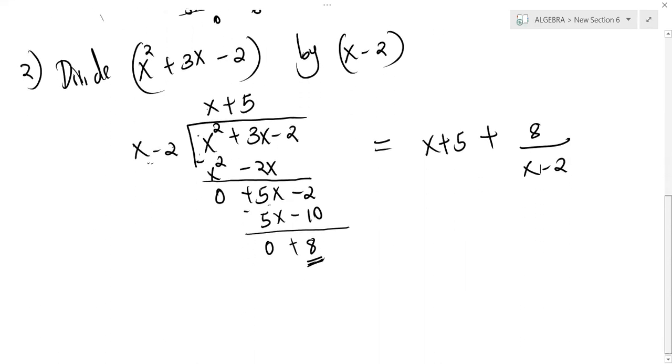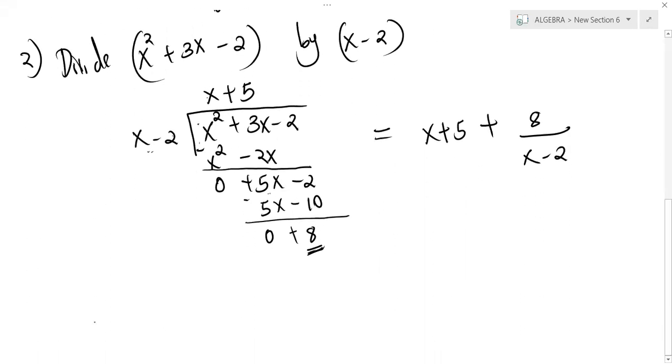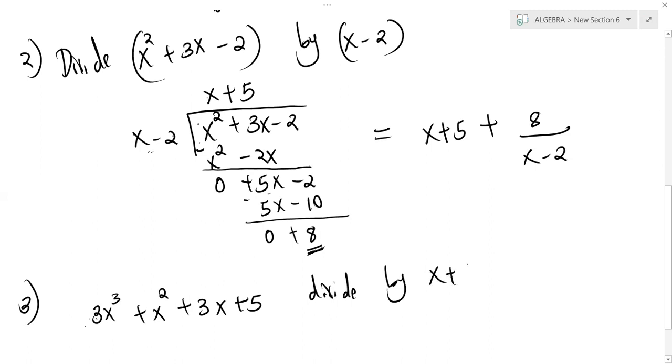Let's take up another example. Let's say we have 3x cubed plus x squared plus 3x plus 5 divided by x plus 1.